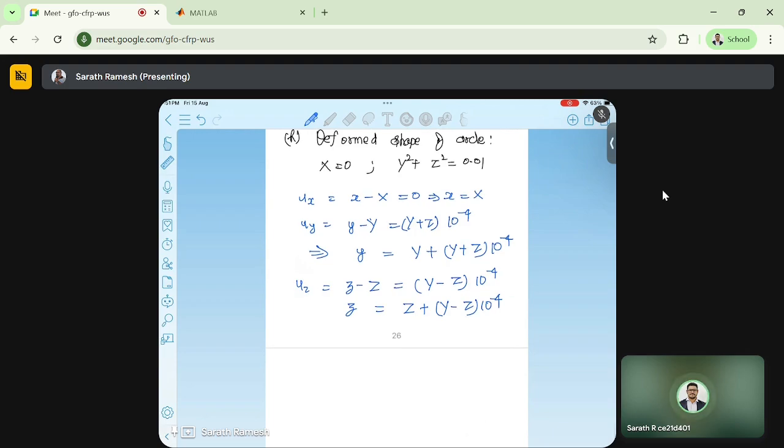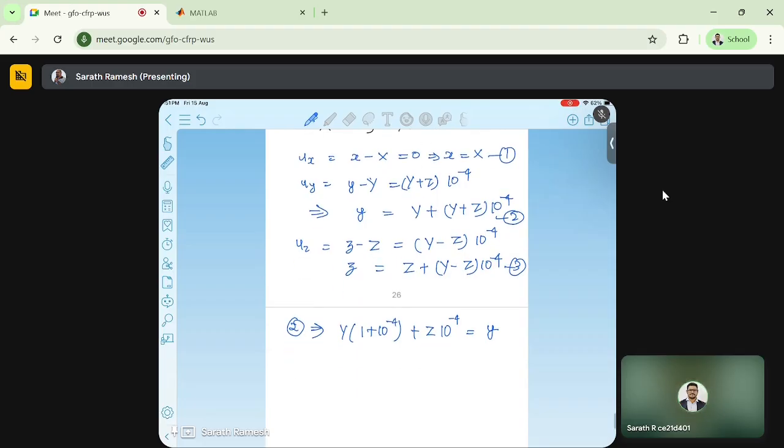We need capital Y, capital Z in terms of small y, small z. So we need to do the other thing. Let's say this is 1, this is 2, this is 3. So equation 2 implies y is common: 1 plus 10 to the power minus 4, plus z 10 to the power minus 4, is equal to small y.